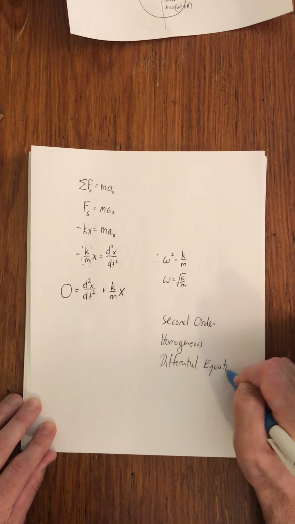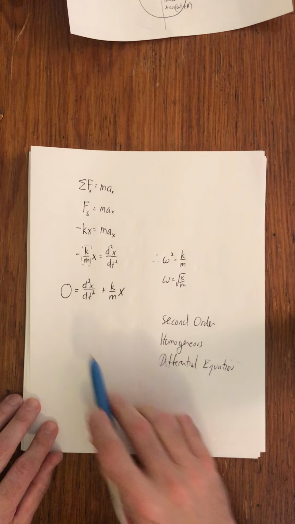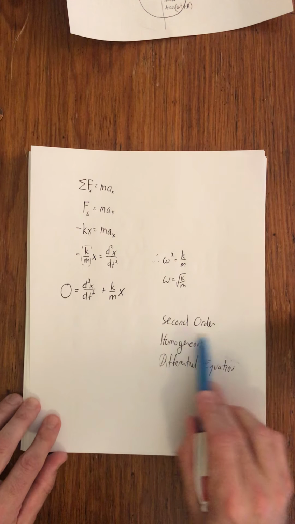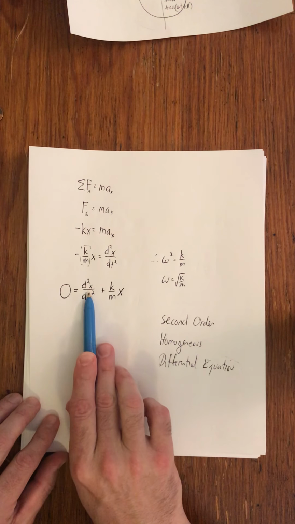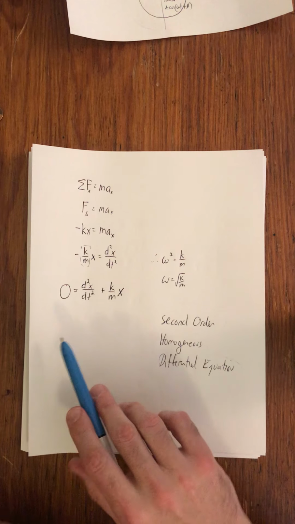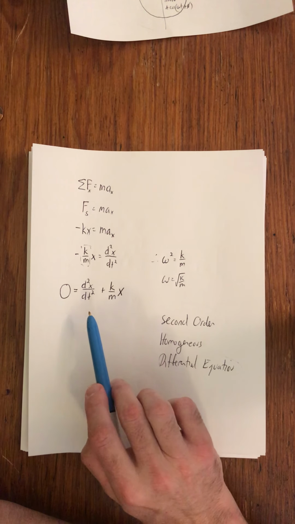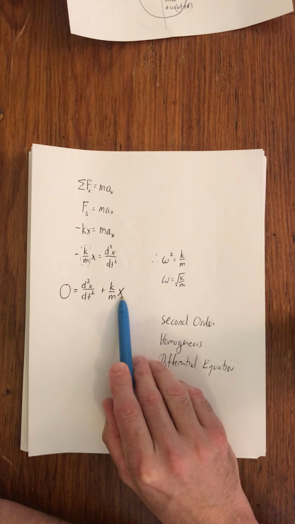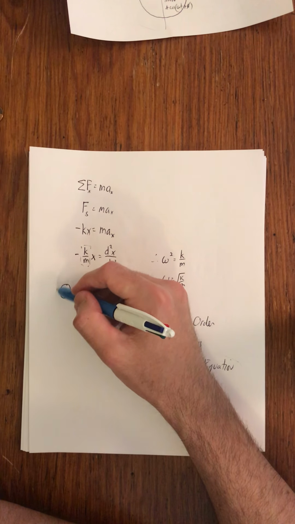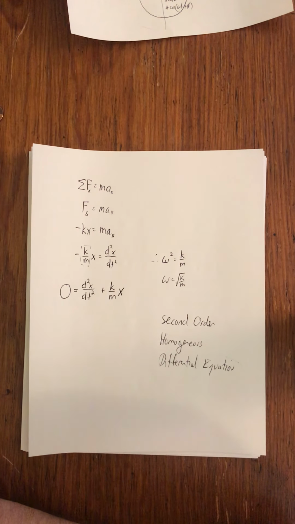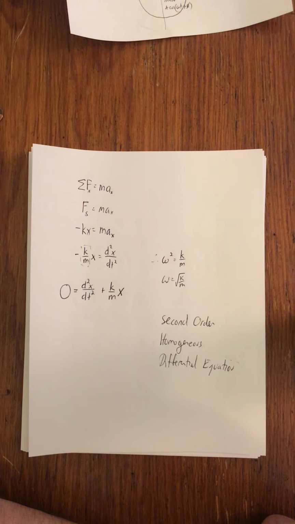So, pretty simple here. Differential equation, there's derivatives in it. Second order, the highest derivative is at order 2. Homogeneous, when all the terms of x are on the same side, and the other side is 0. So that's what makes this a homogeneous differential equation.